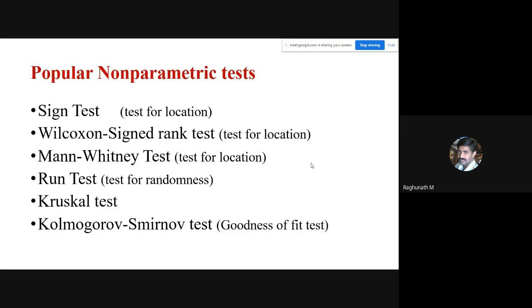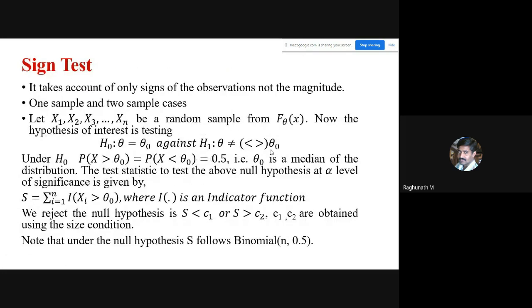Then the test statistic to test the null hypothesis at alpha. Alpha is the level of significance, which we have to set. Whether we go with 5% or 1%, this is an unavoidable thing; the error, whatever is there, we have to choose.